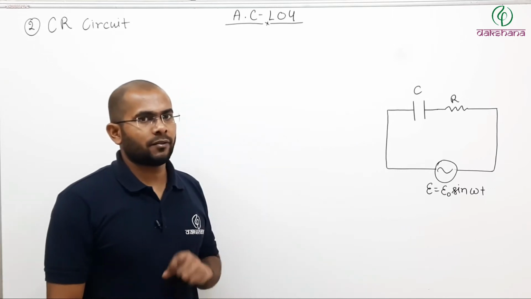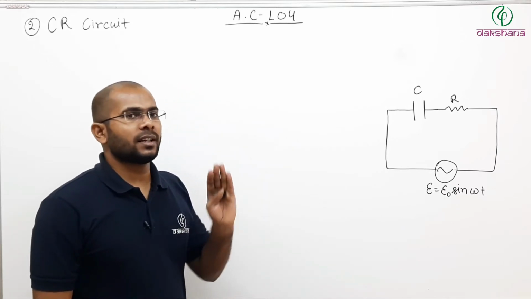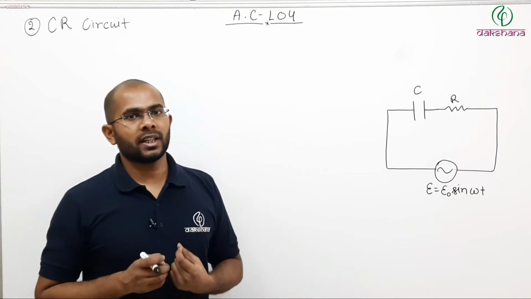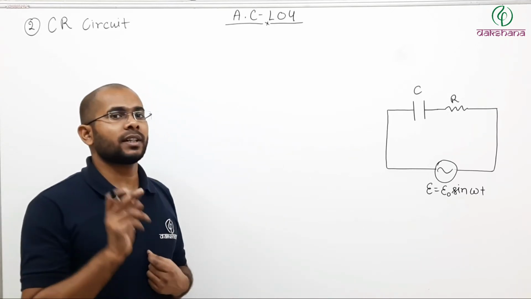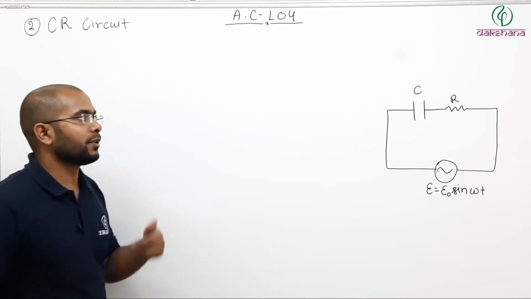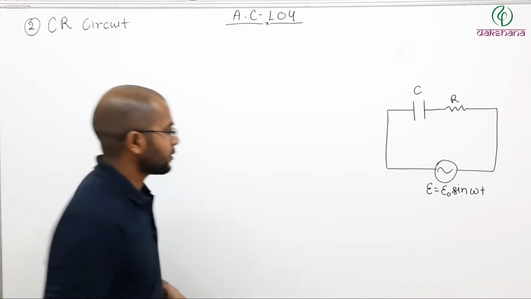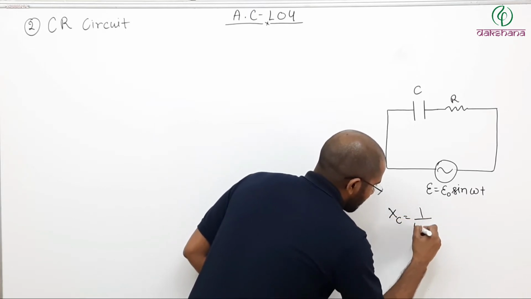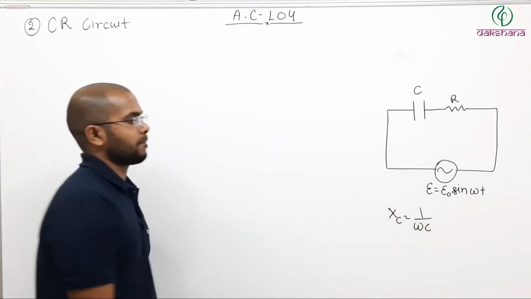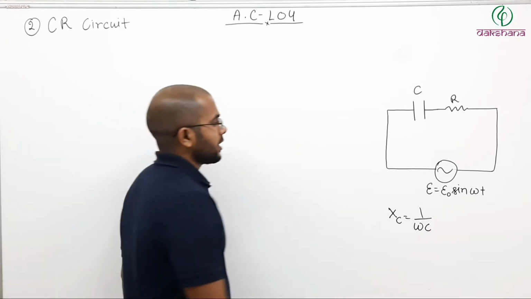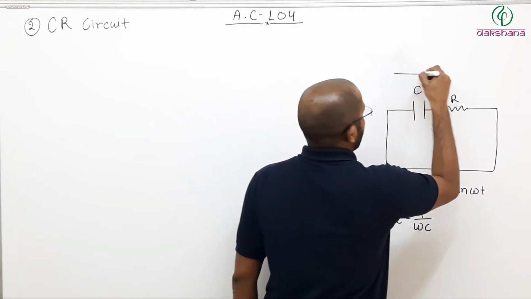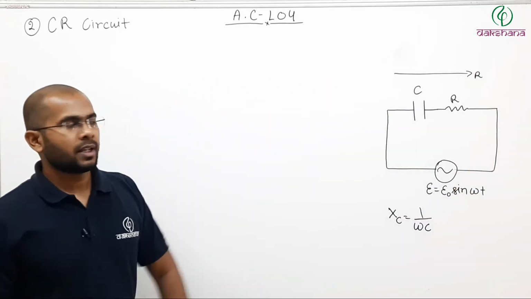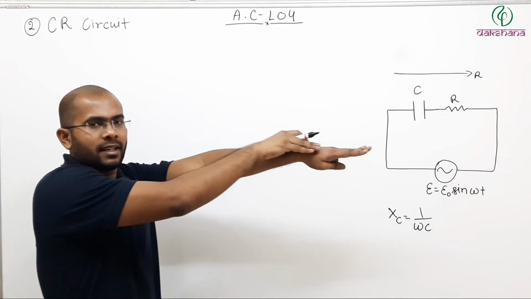If I want to find the current using the vector method, then if you remember, resistance is written along the x-axis, and XC is the reactance of your capacitor. XC, the reactance of a capacitor, is nothing but 1 by omega C. So let us represent R like this, your resistance along the x-axis.